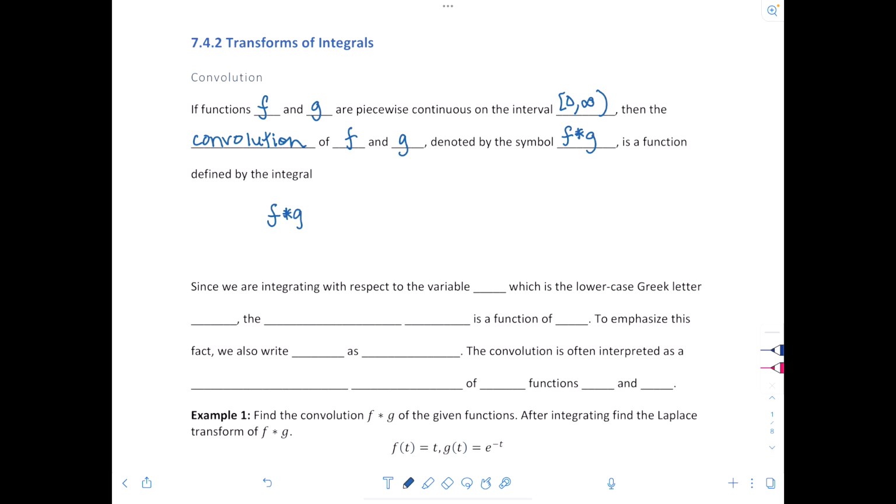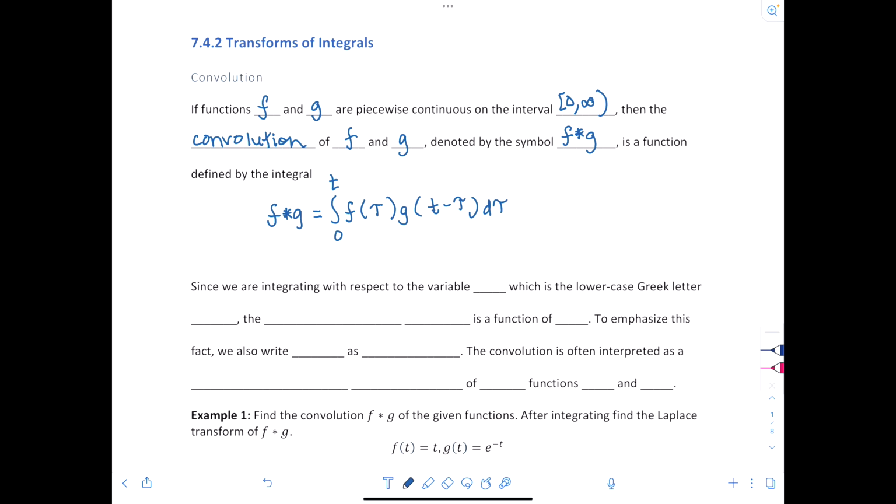So the convolution of f and g is equal to the integral from 0 to t of f at tau, that's the Greek letter tau, times g at t minus tau with respect to tau.